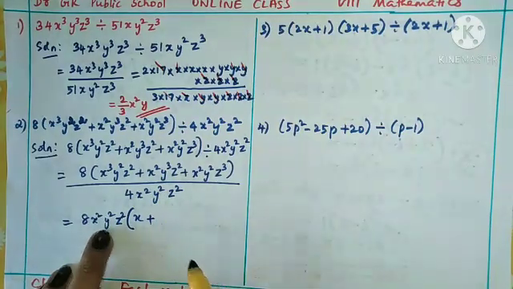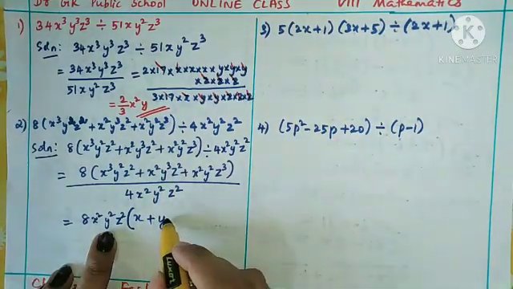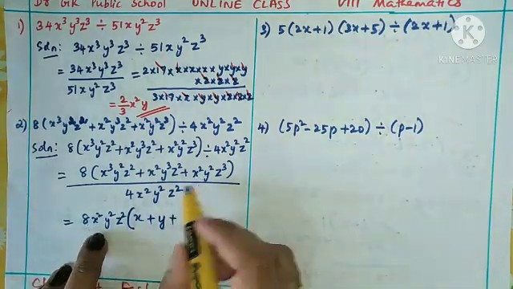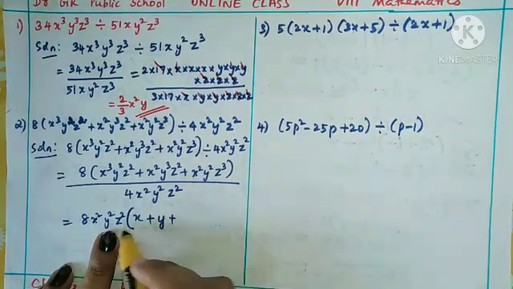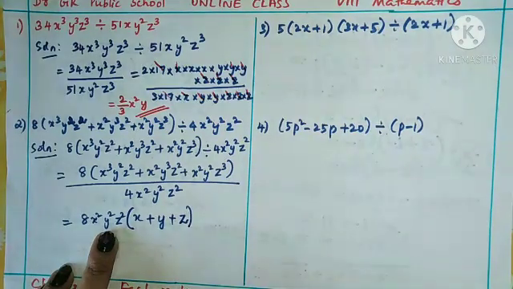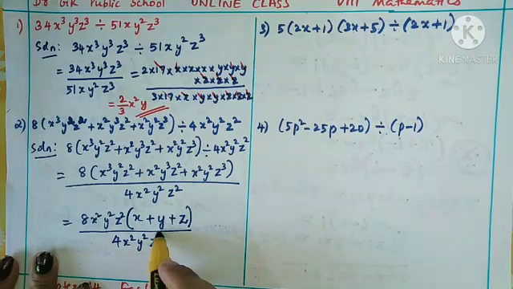Y square is common here, so remaining here one y is left. And from the third term x square is taken, y square is taken, z cube from z square is taken outside. So x z is the remaining number. By 4x square y square z square.